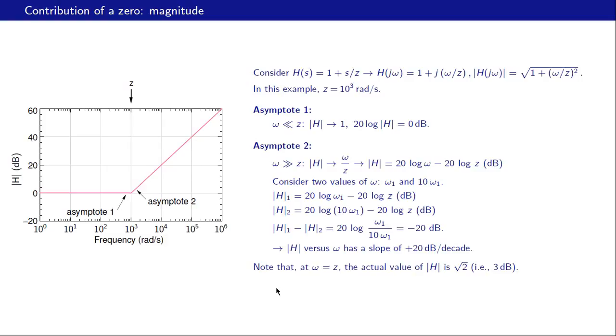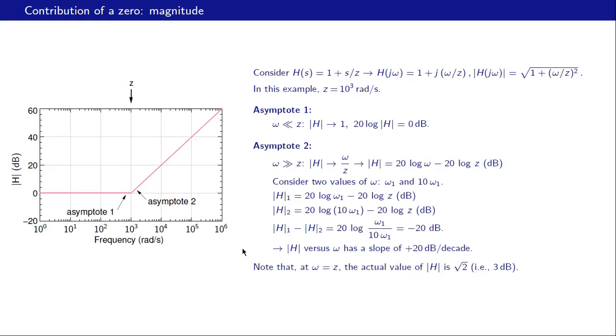What about at omega equal to z? Our asymptotes predict that H is 0 dB, but the actual value of course is different, and that turns out to be square root 2 from here. All we need to do is to put omega equal to z, so that becomes 1, and we have square root of 1 plus 1, that is square root of 2. 20 log of square root 2 is 3, so therefore H corresponds to 3 dB at omega equal to z.